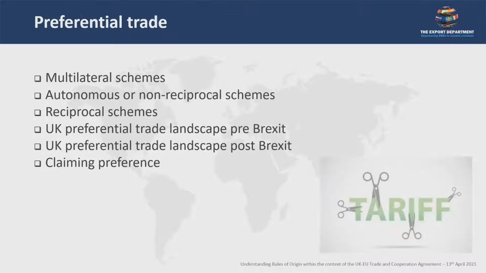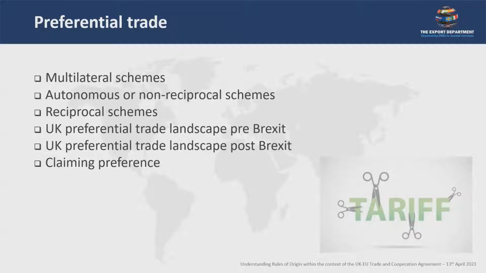Okay. So in terms of preferential trade, just to set the landscape, we've got various different levels of preferential trade. So we've got what we call multilateral agreements. The best example of that is the WTO, World Trade Organization, agreement, where there's 164 members and 24 observer governments, and they've signed up to this kind of global agreement that applies in the absence of a trade deal.